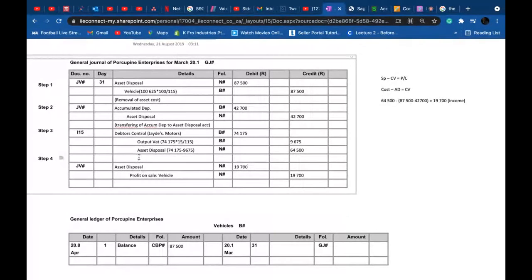Obviously here I forgot to put a narration. Sold vehicle on credit. So you need to put that there, and here we're saying profit on asset disposal.